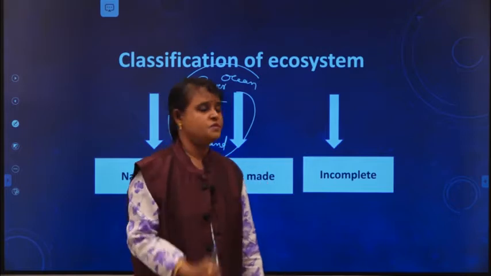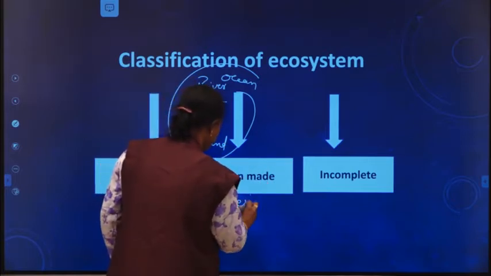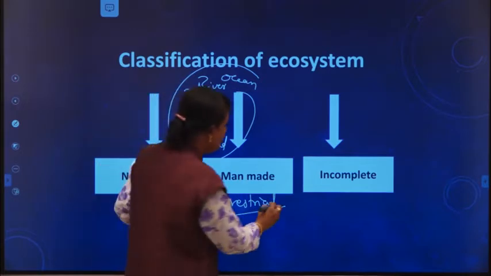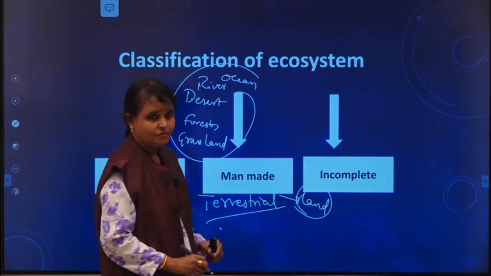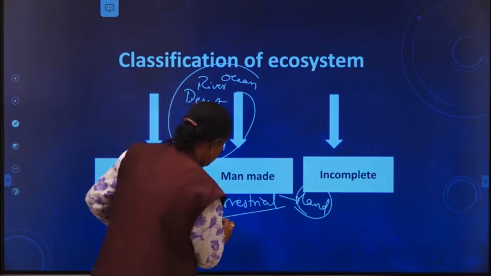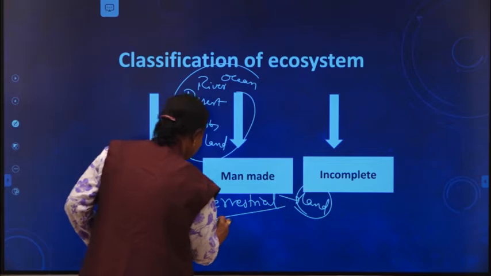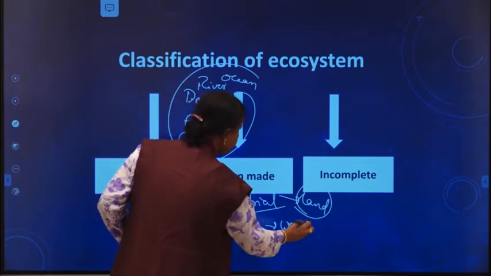They are of two types. They are terrestrial. See, terrestrial means land is the habitat. Aquatic. See, aquatic means water is the habitat.